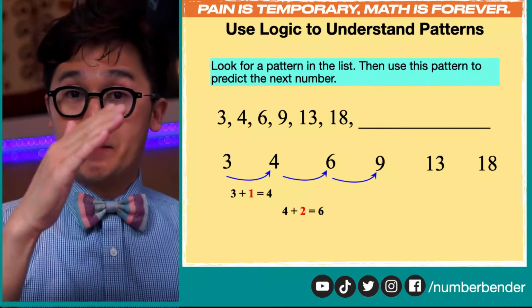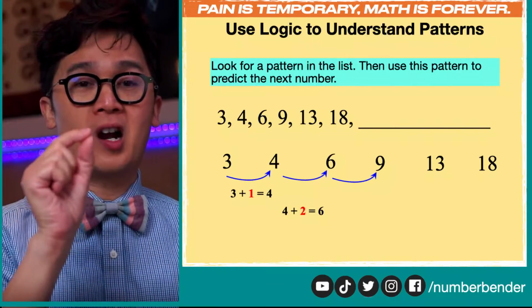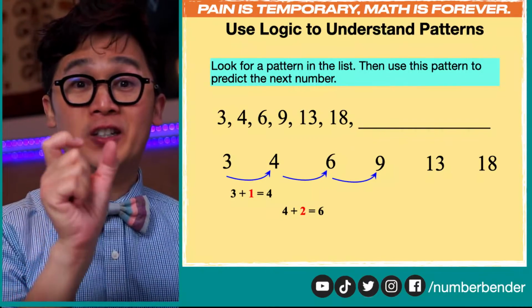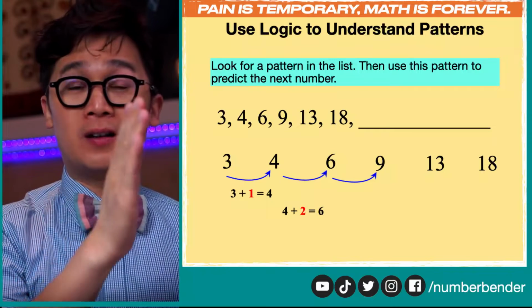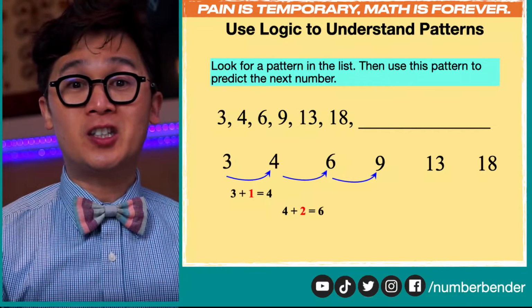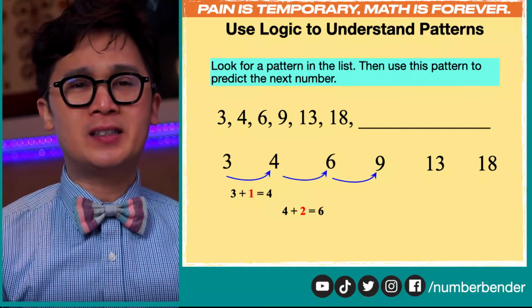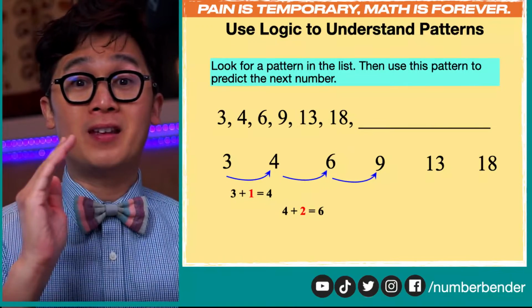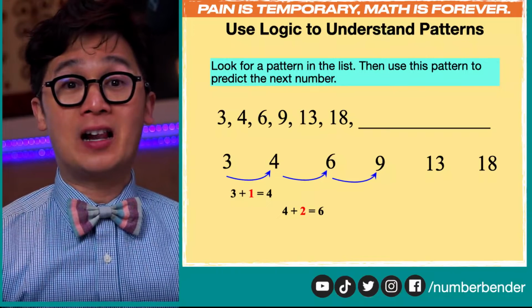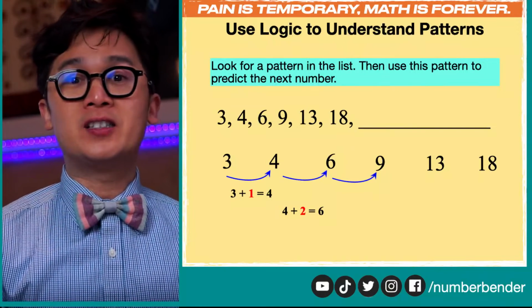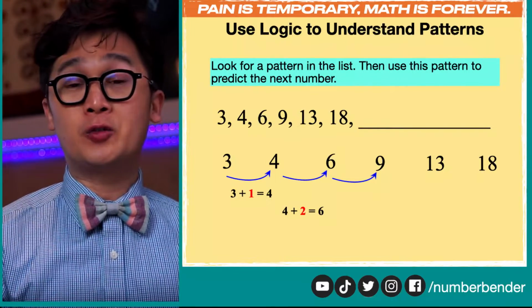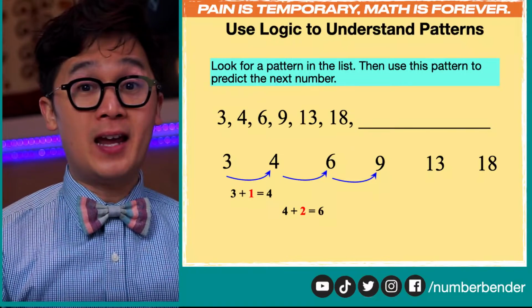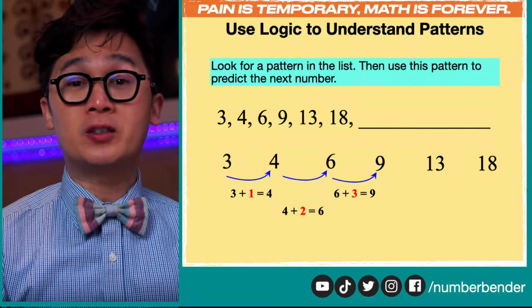Now, by looking at the pattern, we are adding a certain number to our existing term, and in this case the pattern is seen to be an increasing numerical value: 1 and then 2, and then the next numerical value would be 3. So let's see if it's true for 6 to 9, and it seems like it because 6 plus 3 is equal to 9.